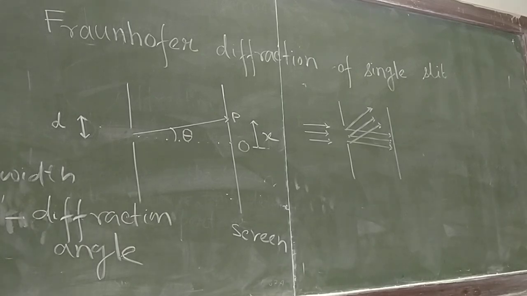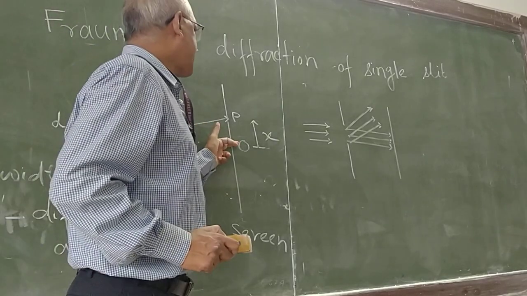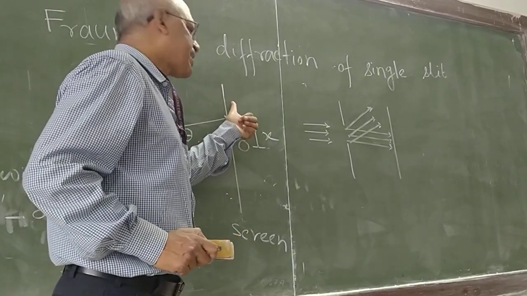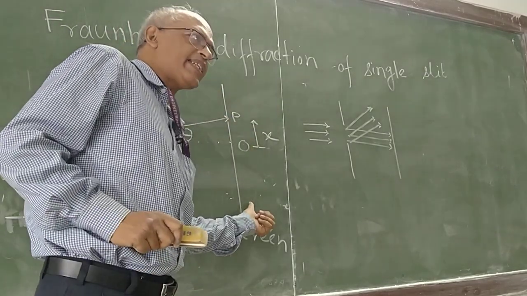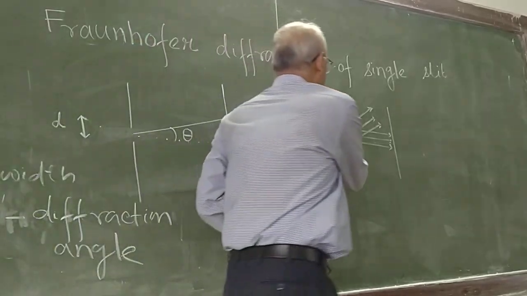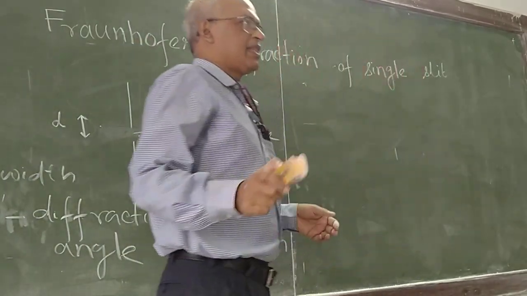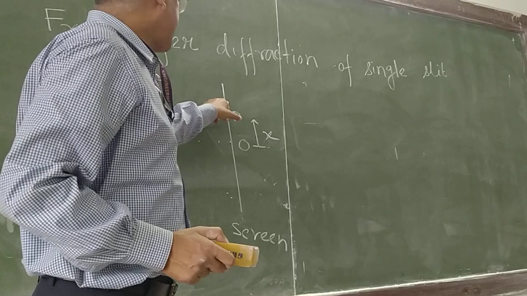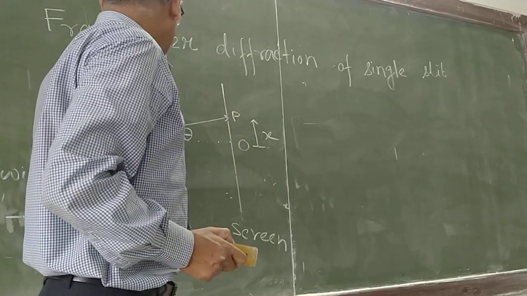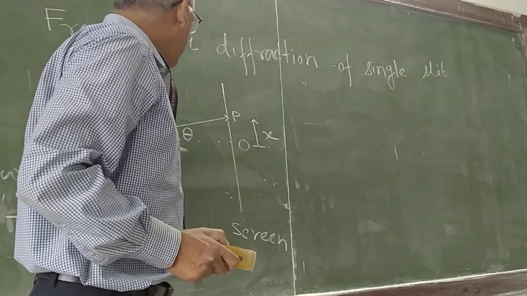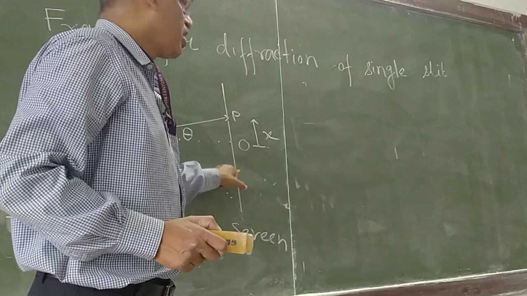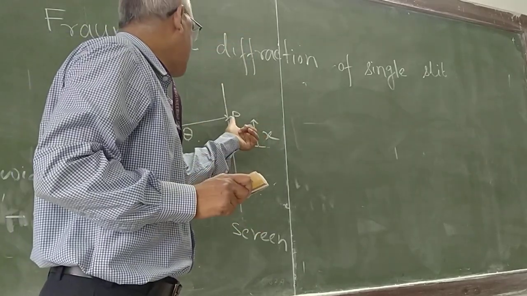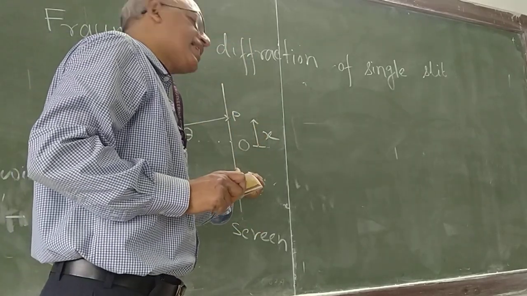Now, what will you see on the screen? On the screen it will be symmetric, on the plus x side and the minus x side. This side is plus x, this side will be minus x. Whatever intensity you get here, similarly you will get on this side.